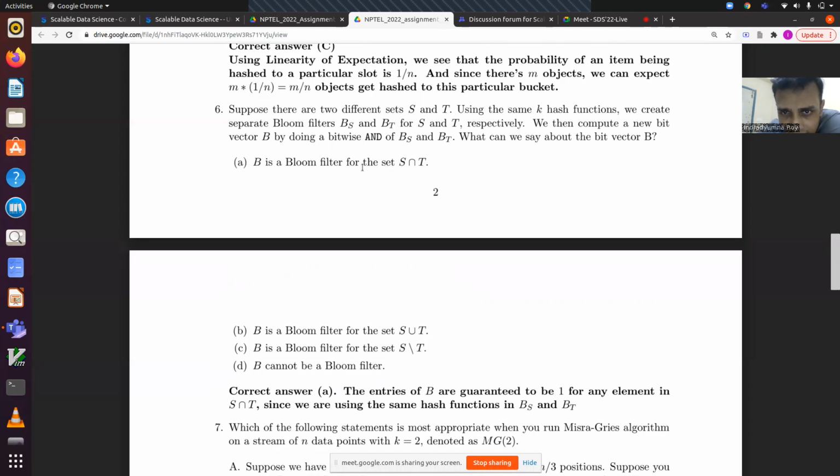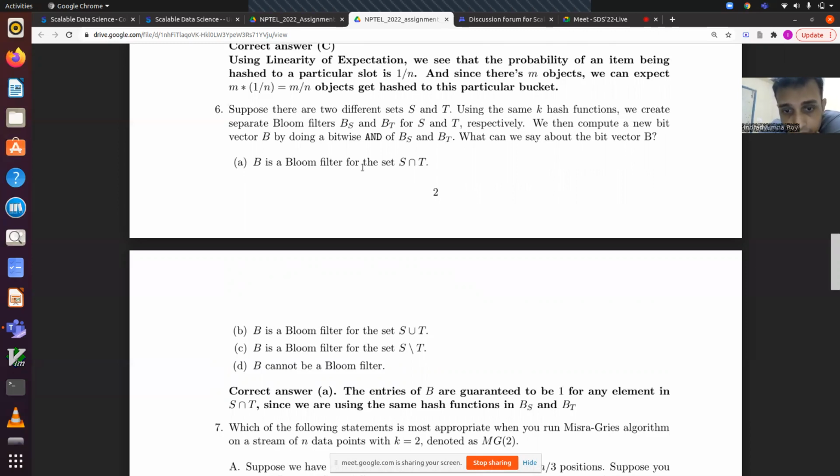So the setup is clear. We have two sets S and T, and using the same hash functions, we create two Bloom filters. Since we are taking the AND of BS and BT, any position which has 1 in both BS and BT will have 1 in B, right?